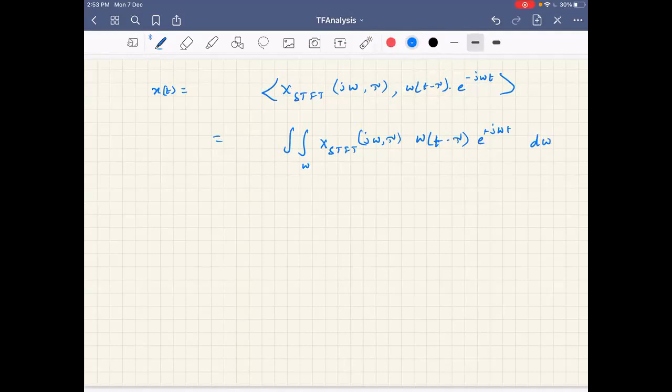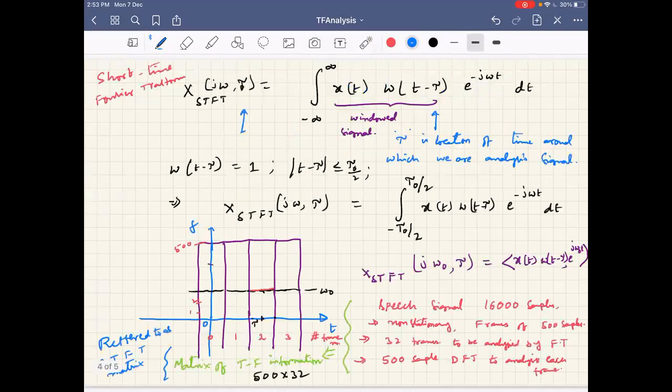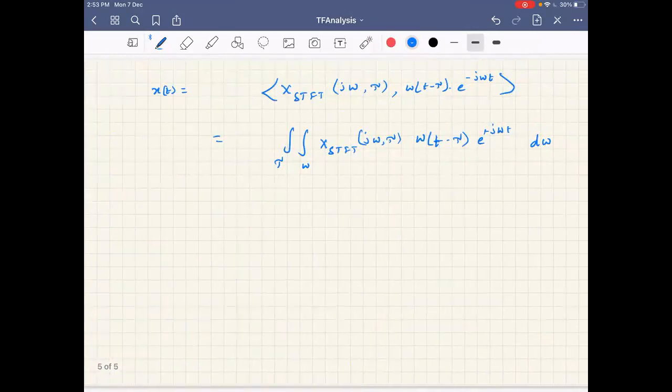So integral over omega first and then tau, because we have taken different taus. If this tau is taken at discrete intervals, then we need to do a summation instead of the integral.